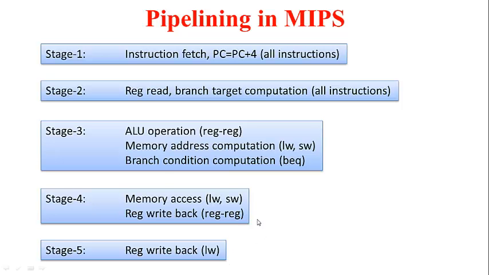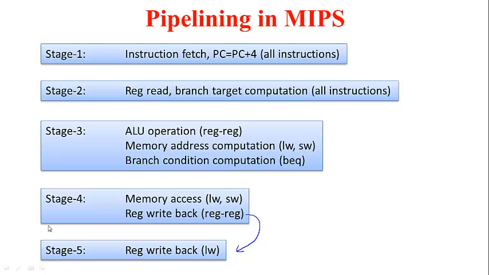And if we make a slight modification by, let us say, doing nothing in stage 4 of register instructions and doing the register write back in stage 5, then we see that all of the 5 stages are almost the same for all of the instructions.